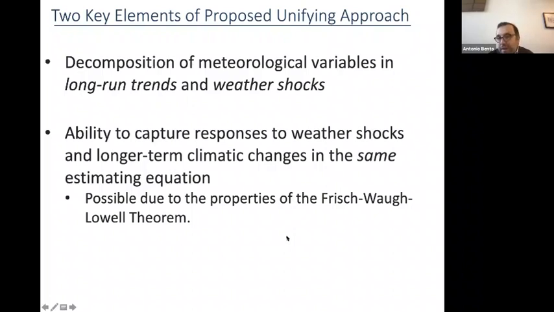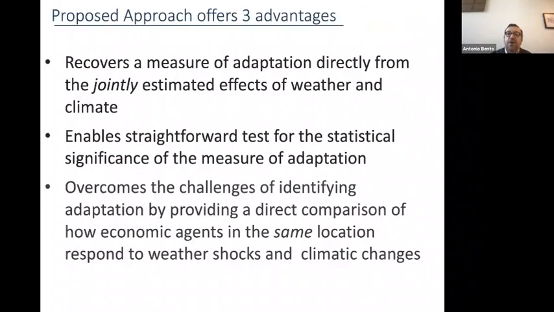And if you could do that, or at least if you could do as close an approximation to the ideal experiment that would allow you to design that estimation, you would not only solve the omitted variable bias problems of cross-sectional studies, but indeed you would actually recover a measure of adaptation directly from these jointly estimated effects of weather and climate.